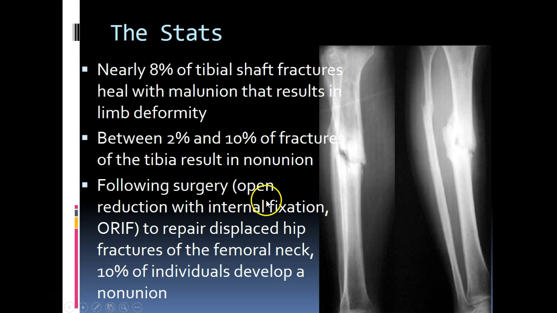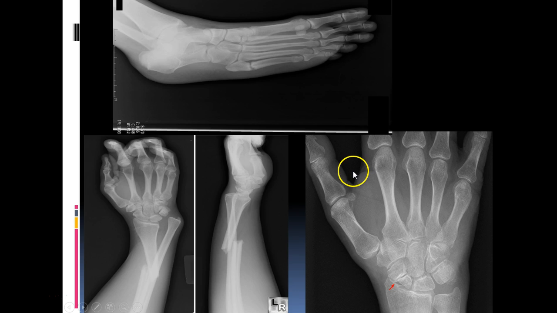But what it also means, with the tibial non-unions and malunions, and the same thing with the hip, is that these patients might suffer from leg length discrepancies because these bones just are not healing in place. So we can see different types of non-union or malunion fractures and what the implications are for those.